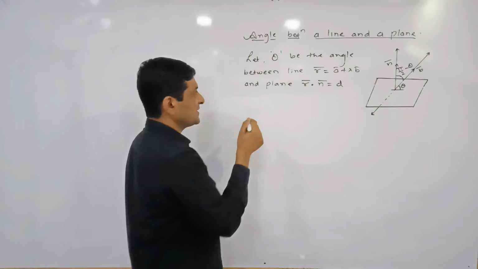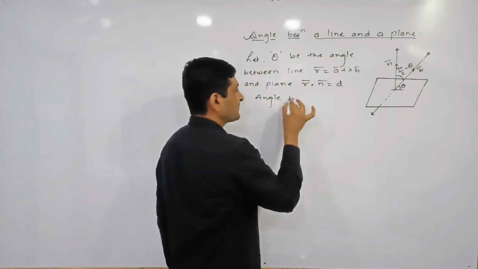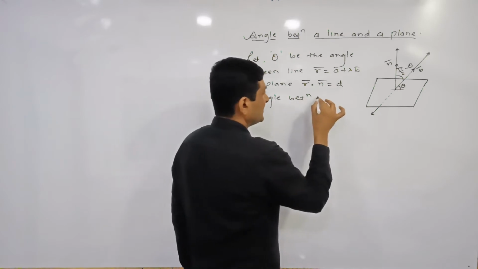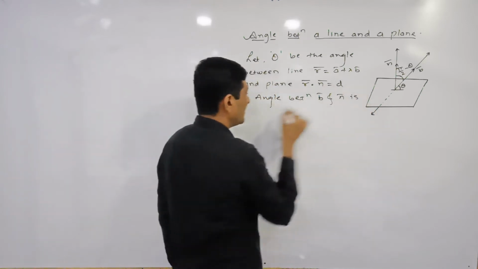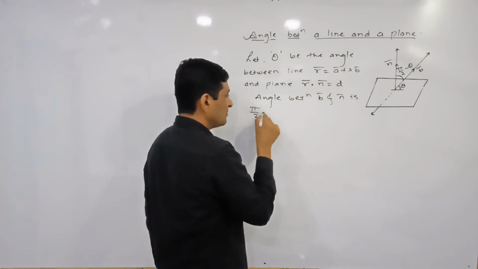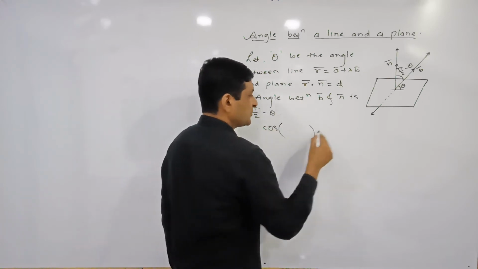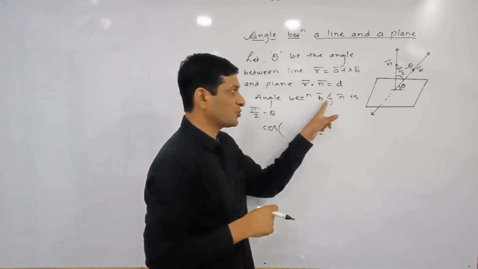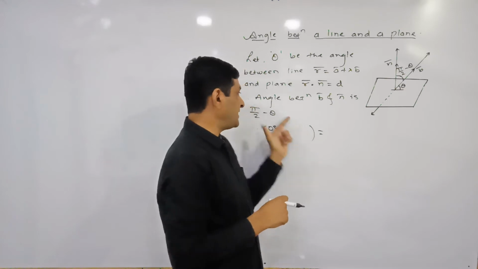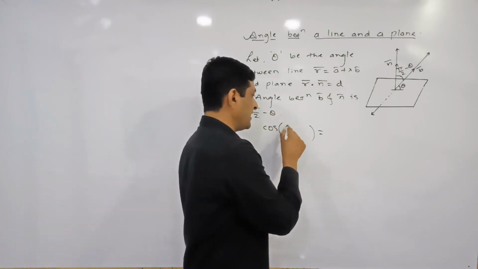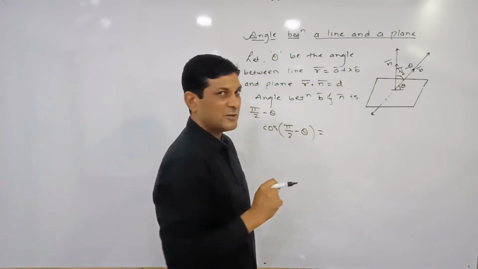So therefore here we can say that angle between b bar and n bar is pi by 2 minus theta. So therefore we are finding angle between these two vectors, but here angle between these two vectors, instead of theta, it is pi by 2 minus theta. That's why here we can say cos of pi by 2 minus theta.